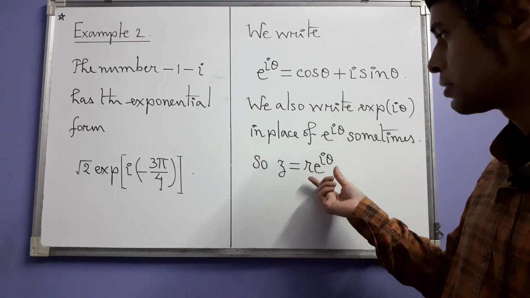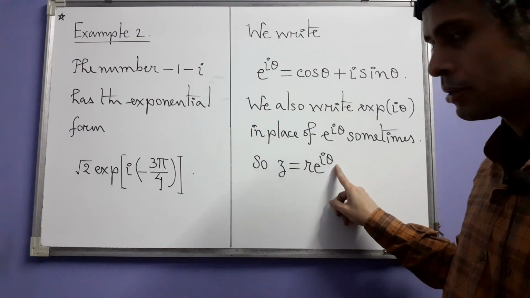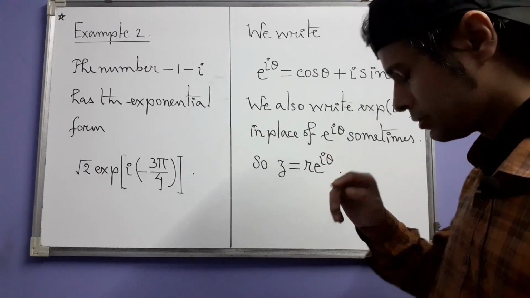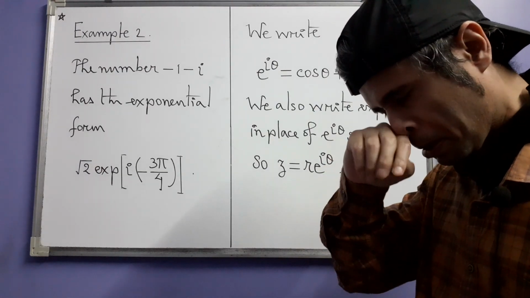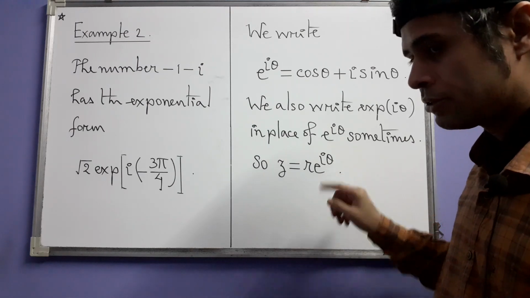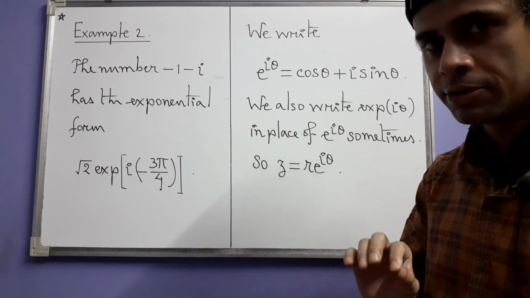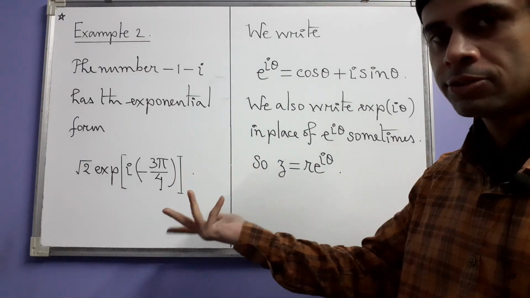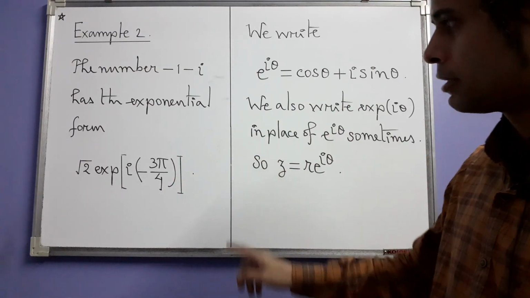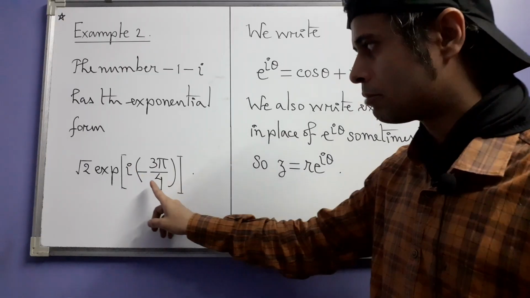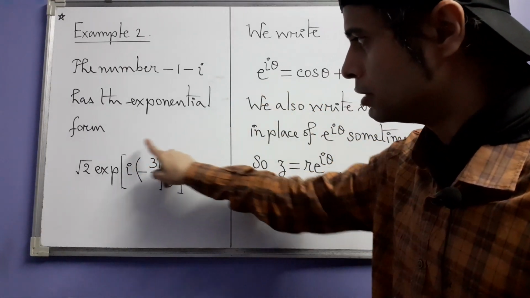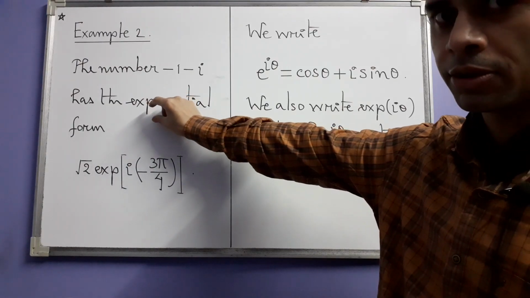However, in this exponential form, it's not that you have to write only the principal value in place of theta. You can take any argument. So here you can actually take any argument. And do you also notice that it's a bit cumbersome to use this notation with this many things on top of e?